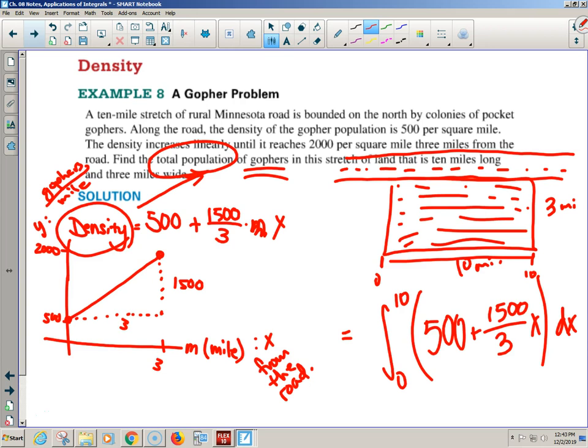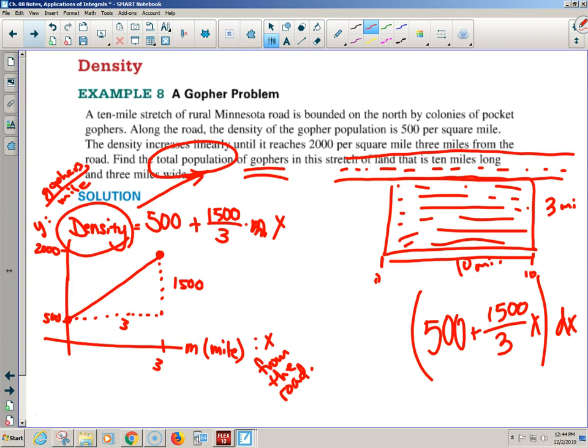But what are the x's? Why does the 0 to 10 not make sense? What way was I drawing my sectionings? Wasn't I saying this far from the road, this far from the road, this far from the road?